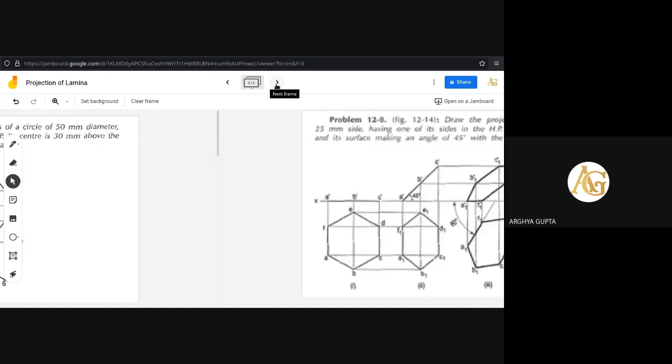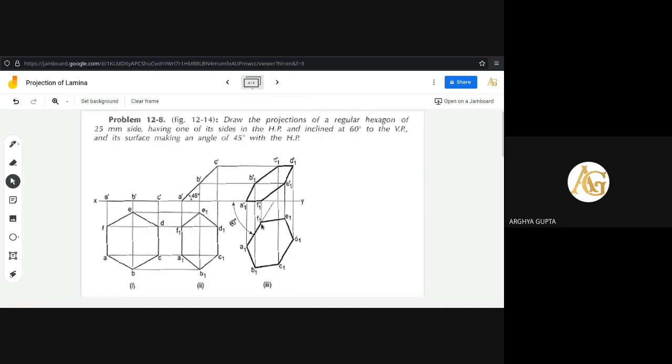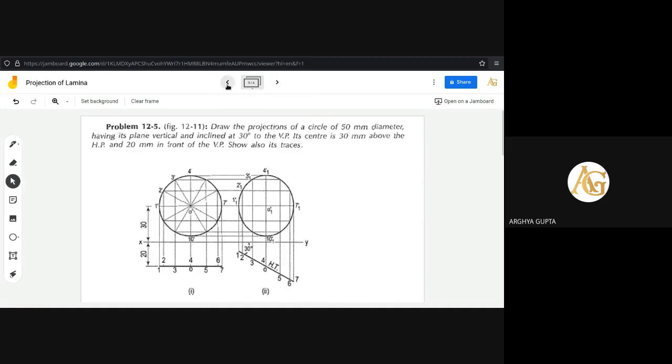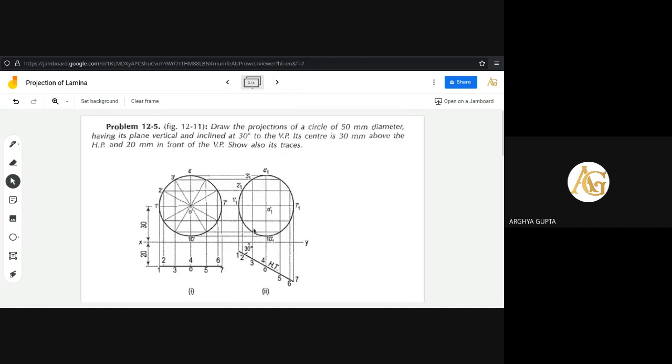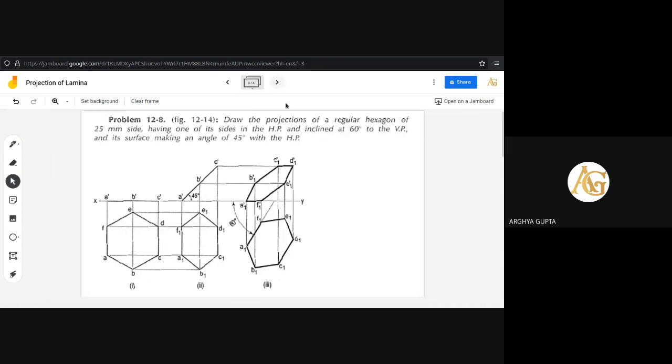And another one, here it is inclined with both the planes. It is inclined with the horizontal plane, it is inclined with the vertical plane, and in this case, this hexagonal lamina is inclined with both the planes.